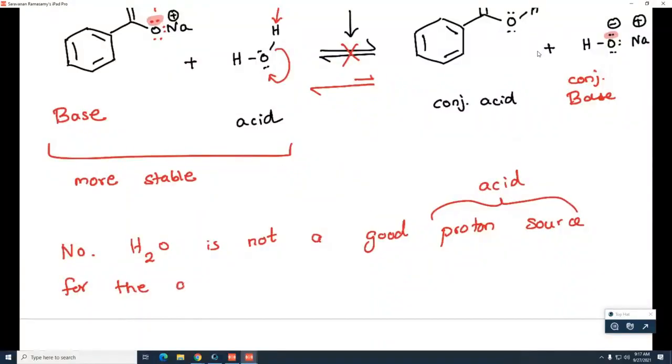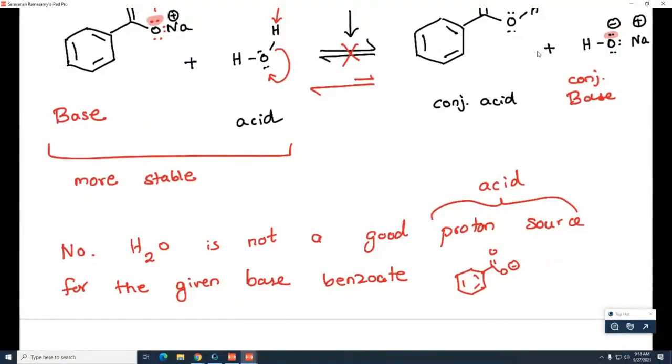For the given base, benzoate is benzoic acid without the proton.